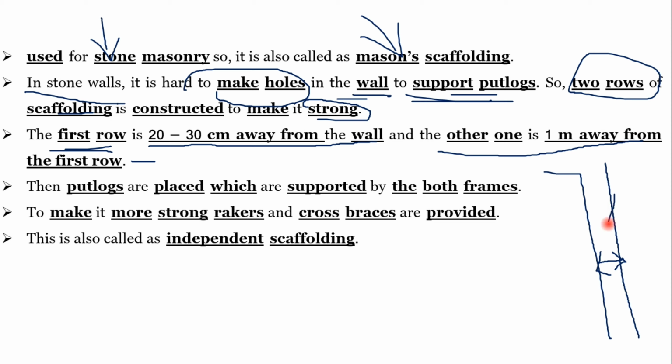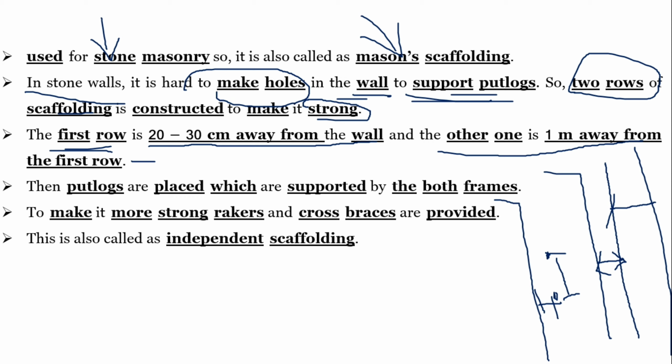So from this one I go 1 meter and complete the second one. Taking an example in an actual way, here it is your wall, here the first row, here the second row. The gap between these is 1 meter, and the gap here is 20 to 30 centimeter.